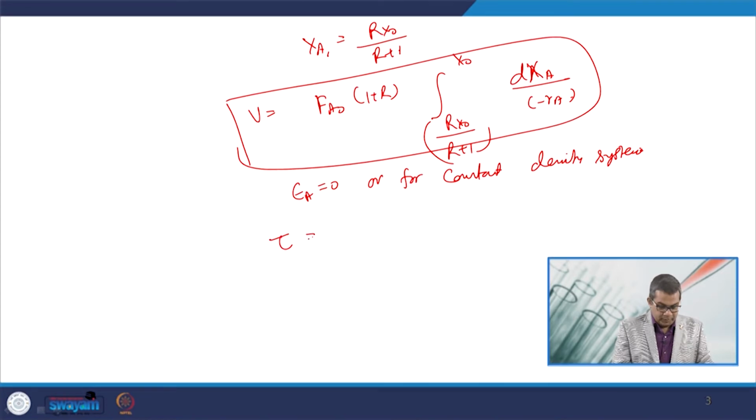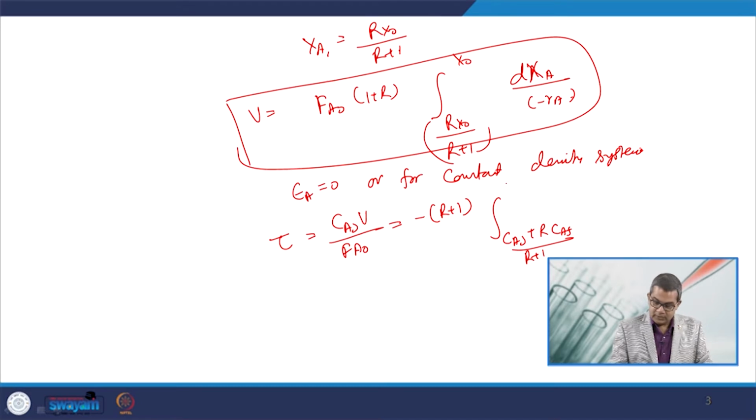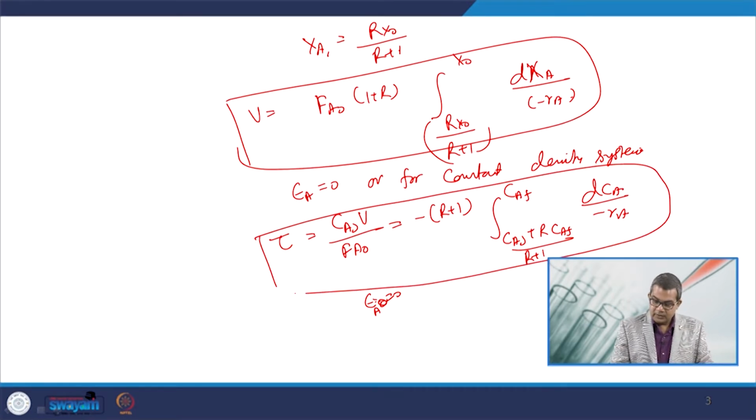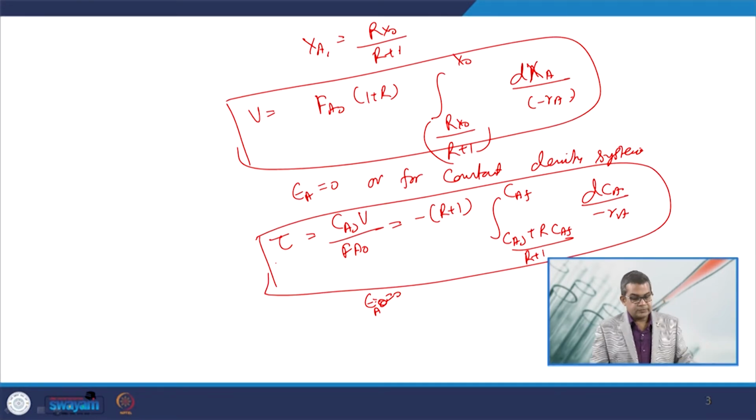So, tau may become Ca naught V upon Fa naught, this is equal to minus R plus 1 Ca naught plus R Caf upon R plus 1 Caf dCa upon minus Ra. That is for epsilon A equal to 0.